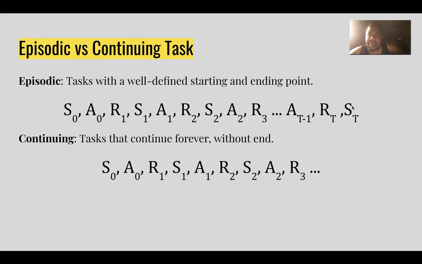Episodic tasks are tasks that have some terminal state. Continuing tasks don't have a terminal state. They just continue forever without end.